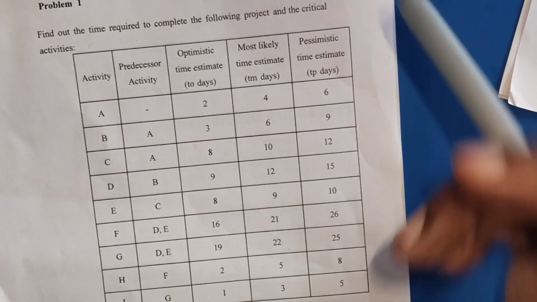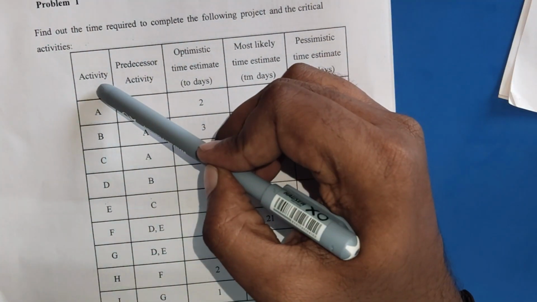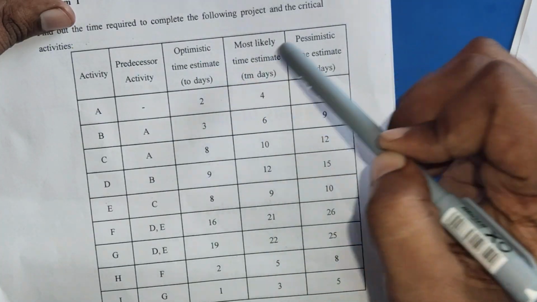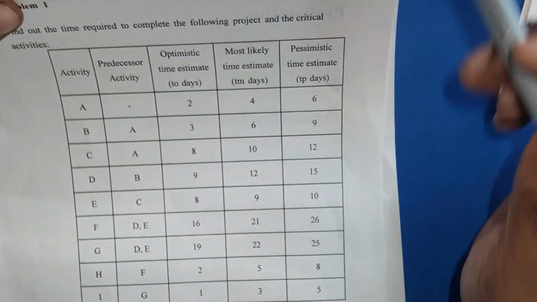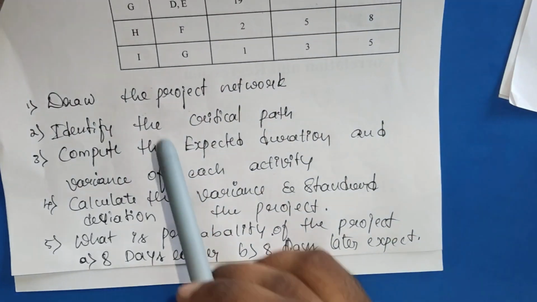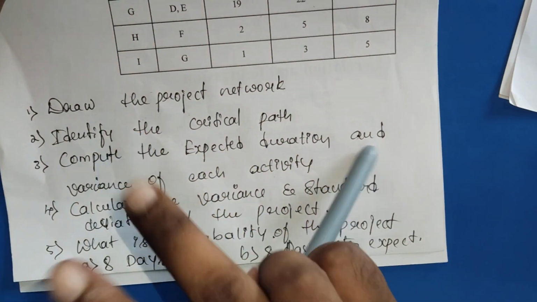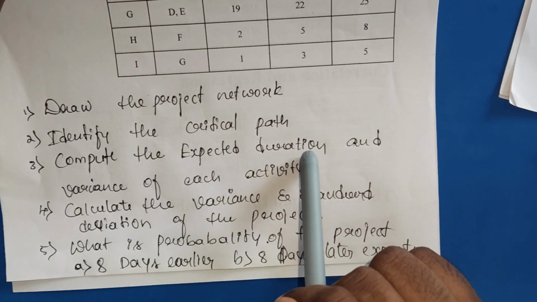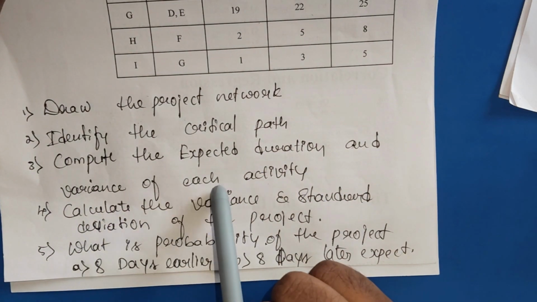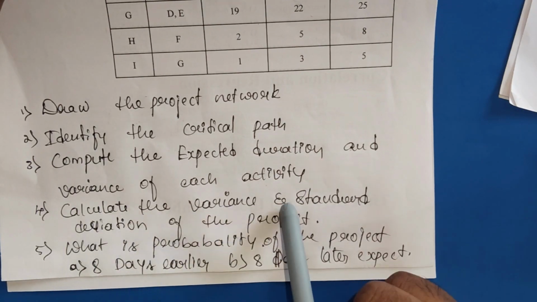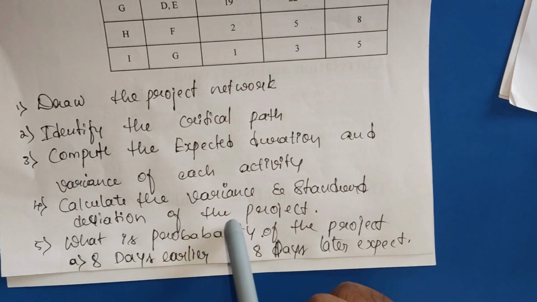This is the problem. In this problem they have given the activity, predecessor, optimistic time, most likely time, and pessimistic time, and they are also asking for additional information. First, draw the project network; second, identify the critical path; next, compute the expected duration as well as the variance of each activity; and then calculate the variance and standard deviation of the project.